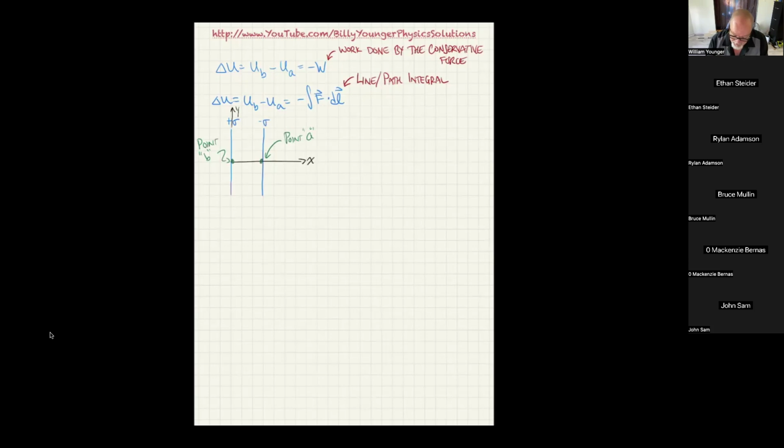So I can either indicate that I'm going in the negative x direction by saying dL is equal to negative dx i hat, or I can say the integral is going to integrate from x equals d to x equals 0.